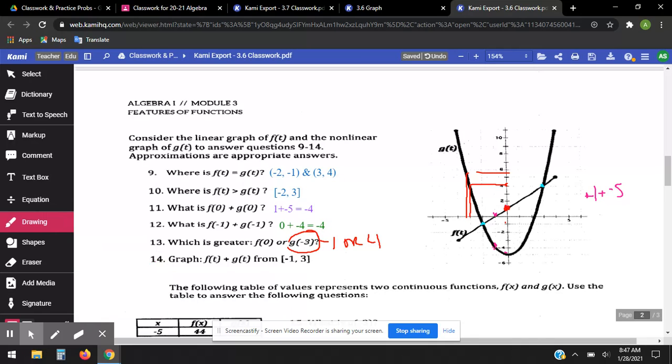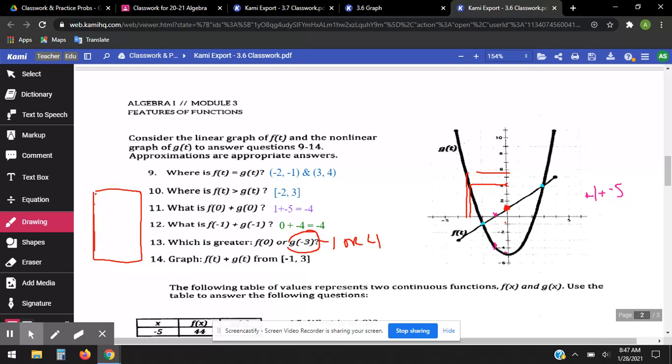Graph f of t plus g of t from -1 to 3. Okay, well, let's see here. Let's just do a little table over here on the side.